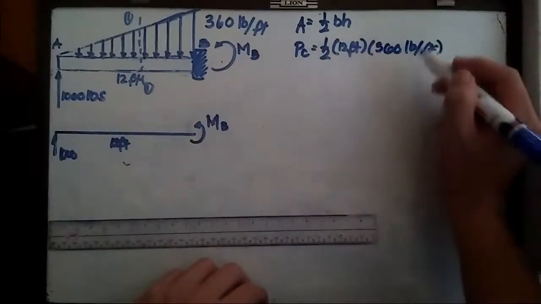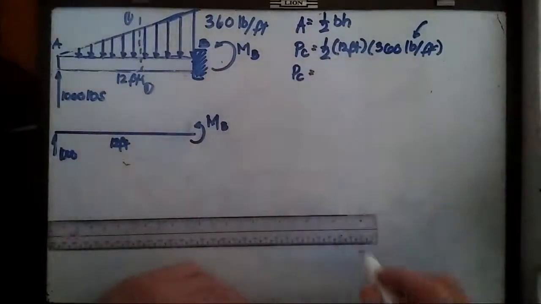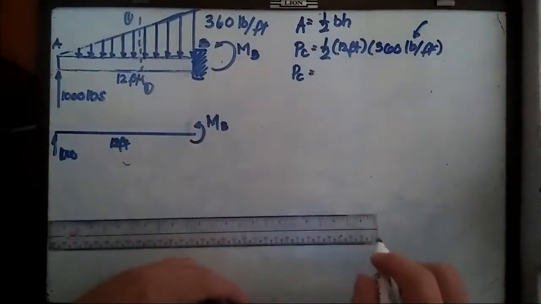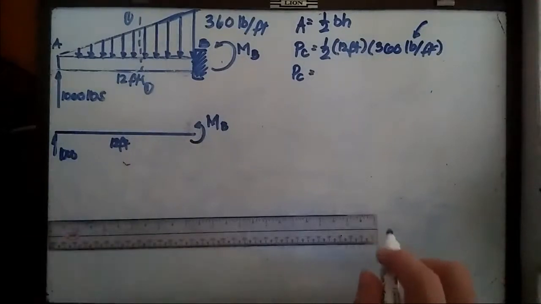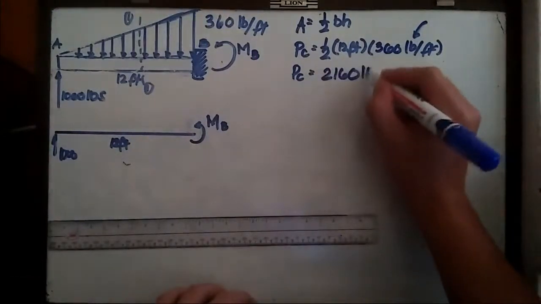Cancel the unit foot, and the remaining unit is pounds. So P sub C is approximately 2,160 pounds.